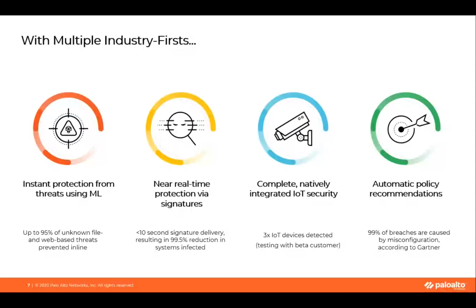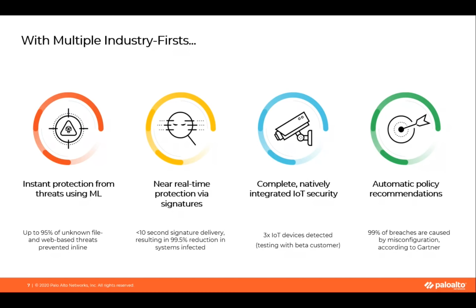Another key thing: I talked about how WildFire was leading the industry on the fastest delivery of signatures. Here we are now talking about sub-second, a single digit in terms of delivery of signatures.